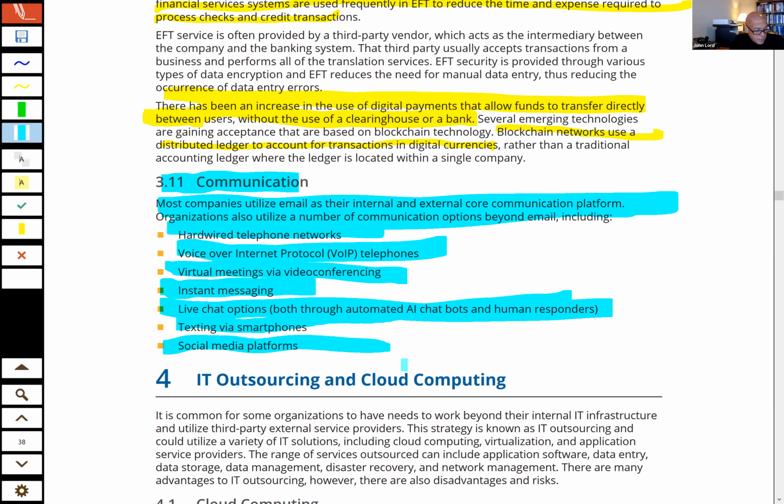Now, where this becomes important to a certain extent is as an internal control. You probably would want two different ways of communicating for decisions that are made at a high level where amounts are going to be disbursed. So, you wouldn't just want an email to go out to say, please disburse $50 million to this particular entity or particular individual, whatever it is.